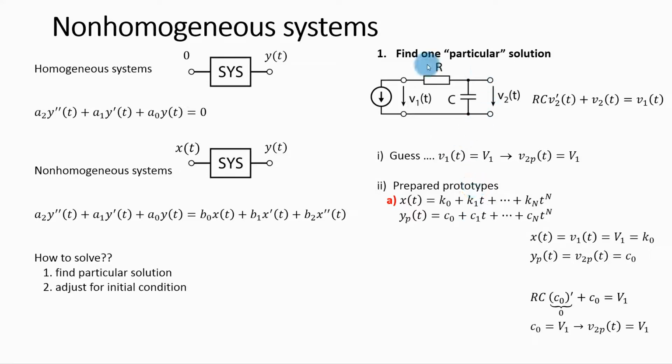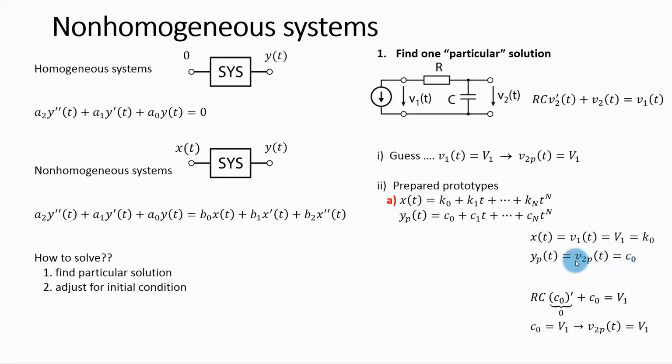Let's take this circuit as an example, and let's say that my input, that is the input voltage, is still a constant uppercase V1. This is a zero-order polynomial, so I can look for the solution in the form of a zero-order polynomial C0. How can I find what the C0 is?